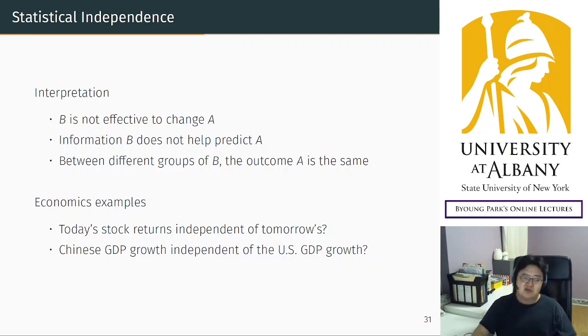Also in economics, similar statements can be found, like whether today's stock return is independent of tomorrow's or not. If it's independent, then you cannot predict the future. But if they are not, then there is some room for additional return, by predicting the future. Or let's think about this: is Chinese GDP independent of the US?